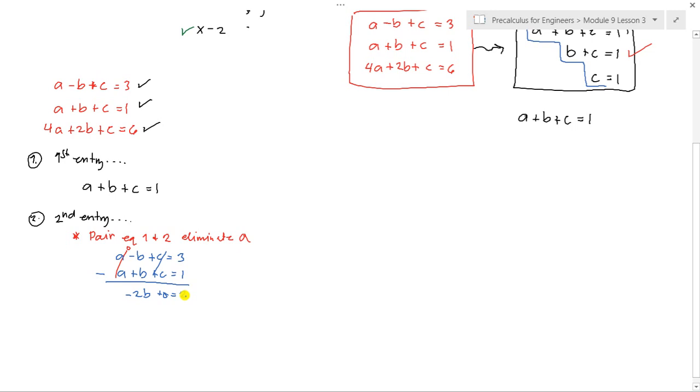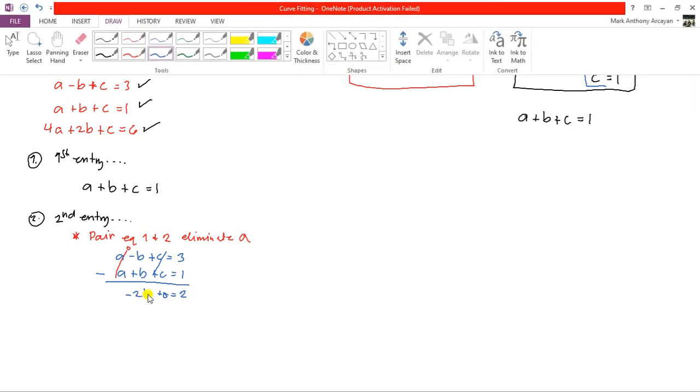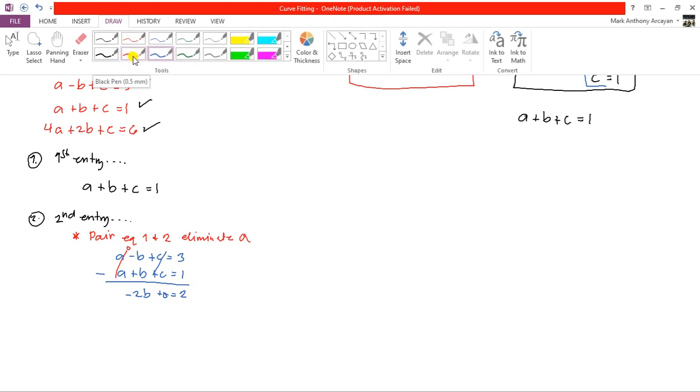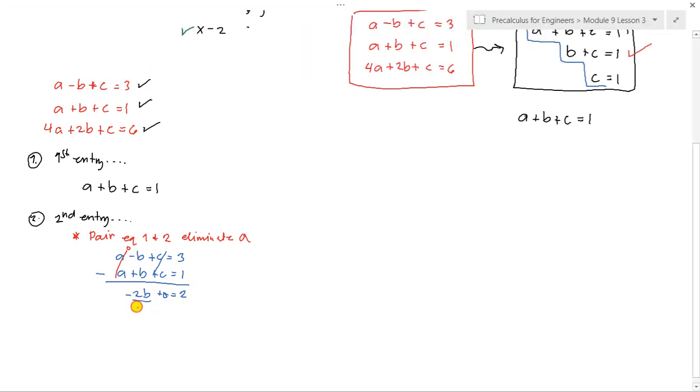So therefore, in our second pairing, C is gone. That's good, but I think B can be placed last. It's up to us, it depends on the arrangement. We could also write A plus C plus B, so B comes last. But anyway, we'll just place it like this. We can also divide both sides by negative 2.